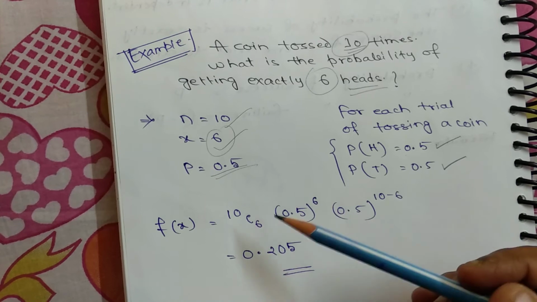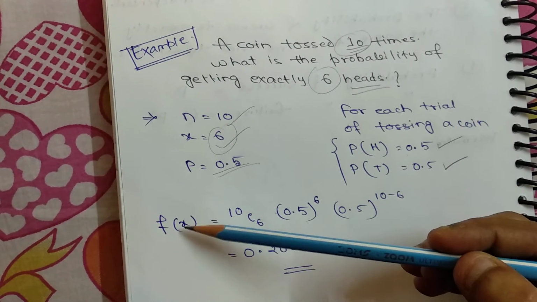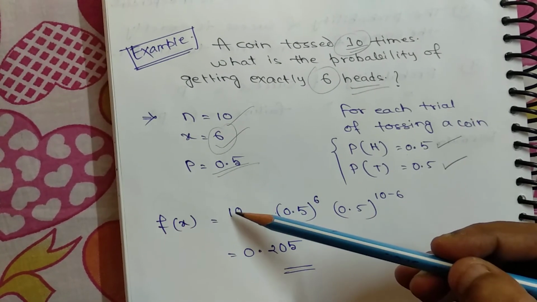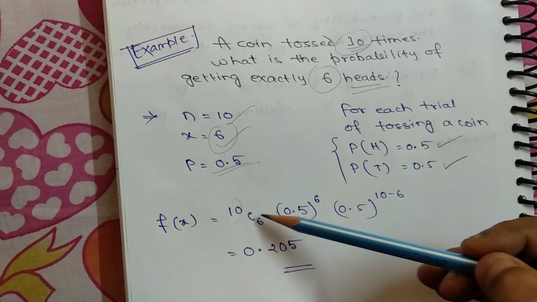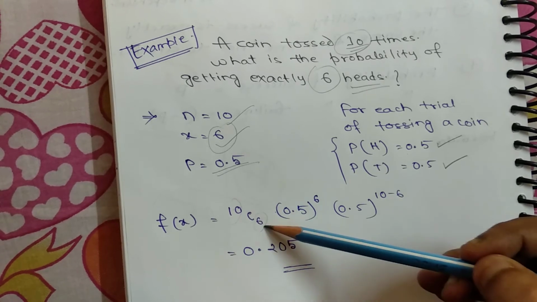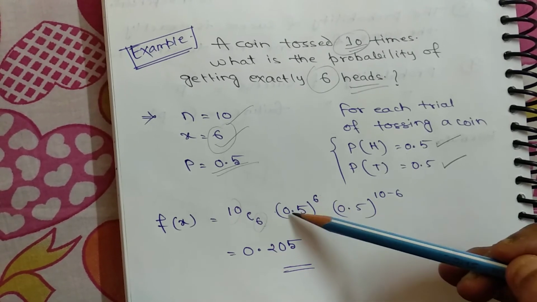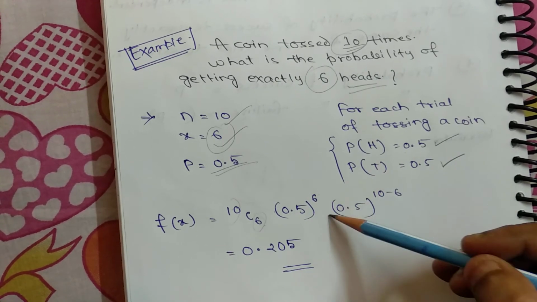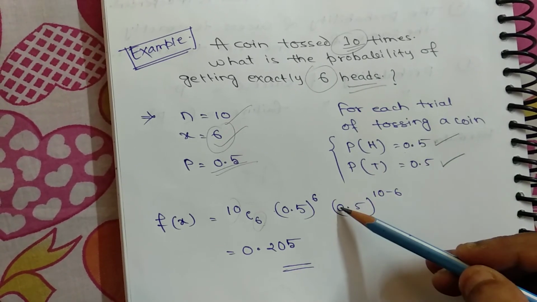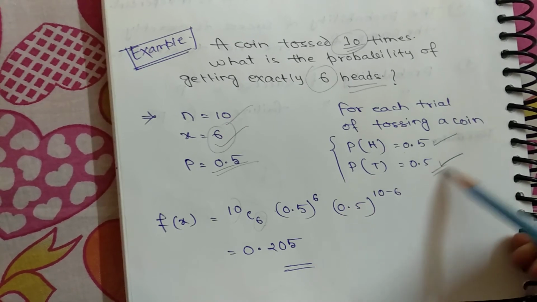So let's convert the probability function into distribution. So 10Cx, nCx, so n here is 10 and x is 6, so 10C6, P to the power x. So P is here 0.5 whole power x, 6, and 1 minus P. So 1 minus P means failure. Probability of getting tail is the failure.